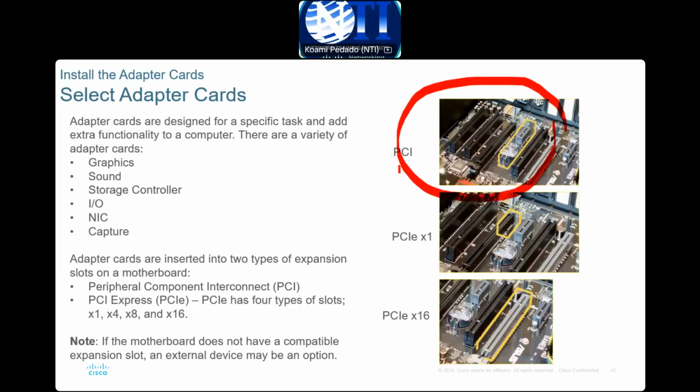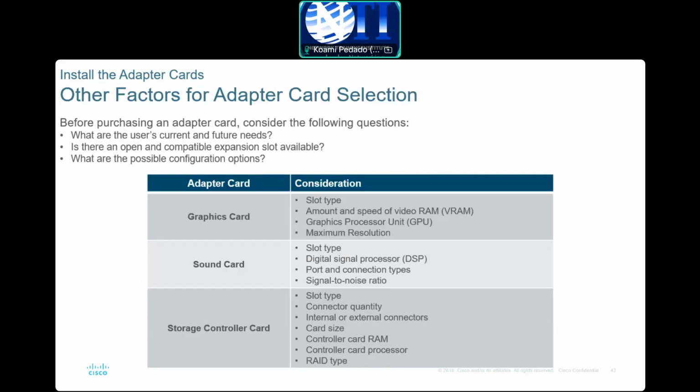Those are PCI or PCI Express, that's where they go. Video cards use this, or some use this one, so they are kind of different. You remember we did the virtual lab where we were putting in the video card? Those are the expansion slots where they go.